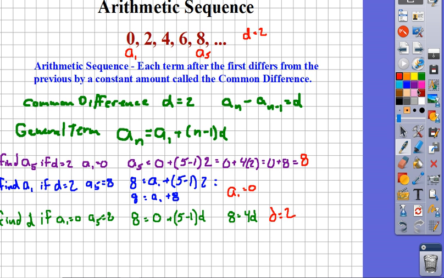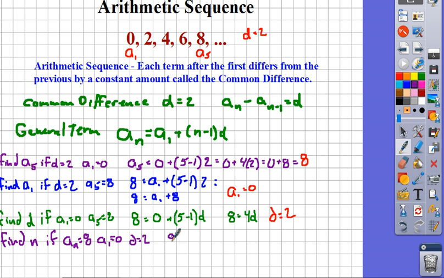The last problem that we're going to do here is we're going to find n. So find n if a sub n, notice I'm not telling you which number, equals 8, a sub 1 equals 0, and d equals 2. Now, we can find any of these as long as we know all the other variables, right? So let's go ahead and plug this in.